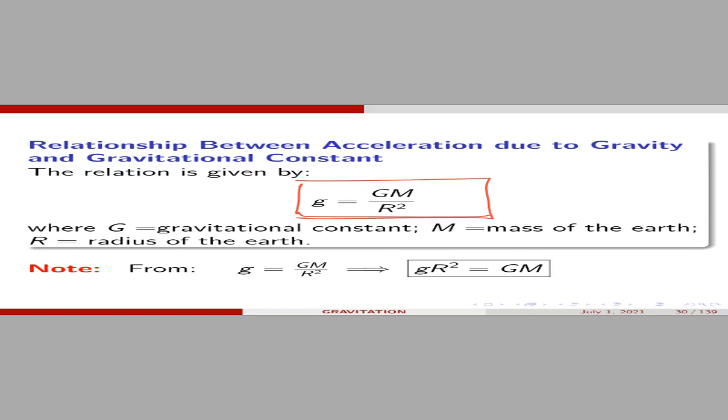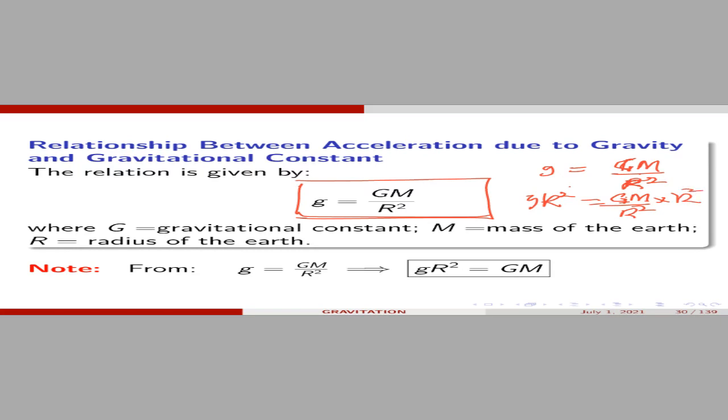Look at this carefully. When you multiply both sides by r squared, what do you get? You get g r squared is equal to GM over r squared times r squared.